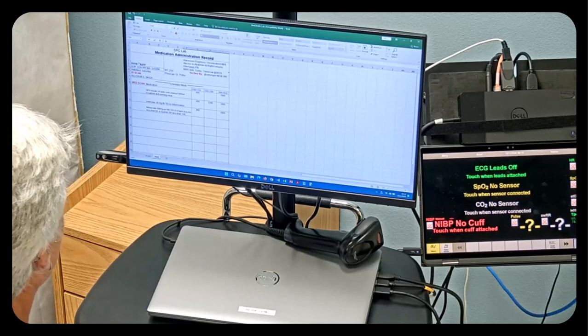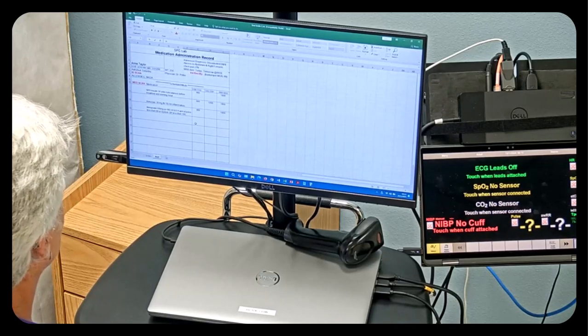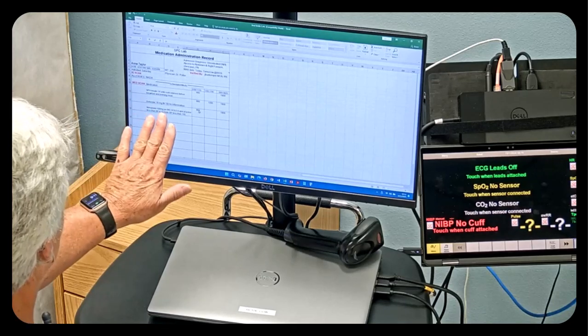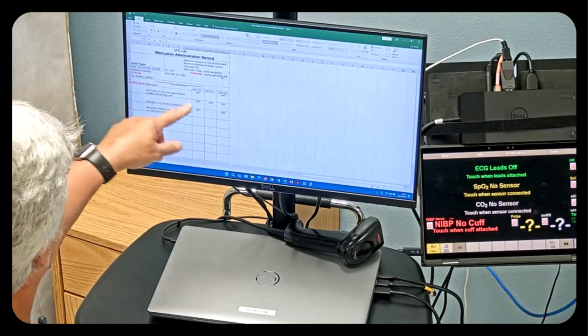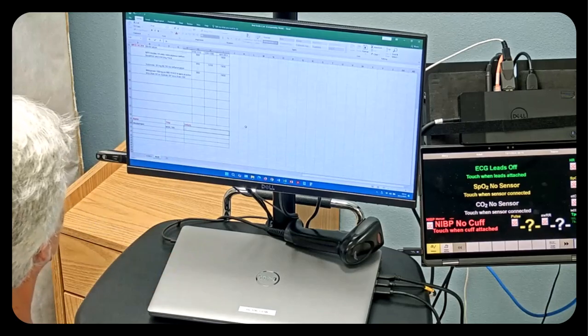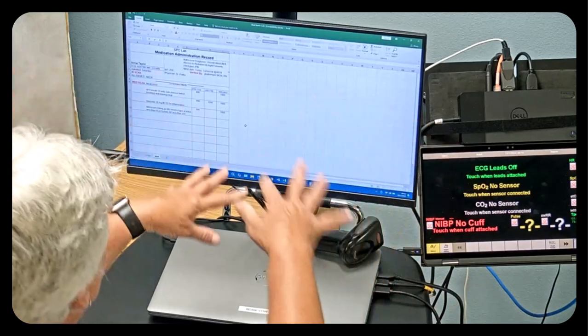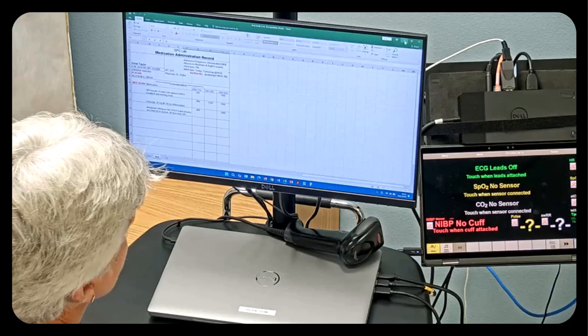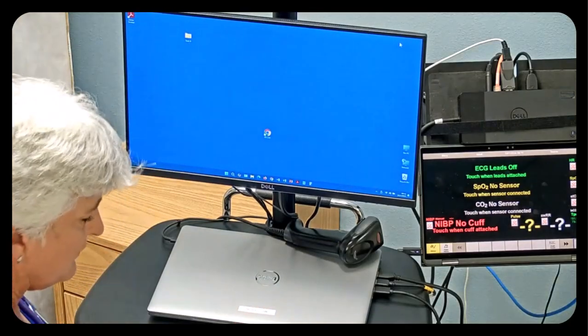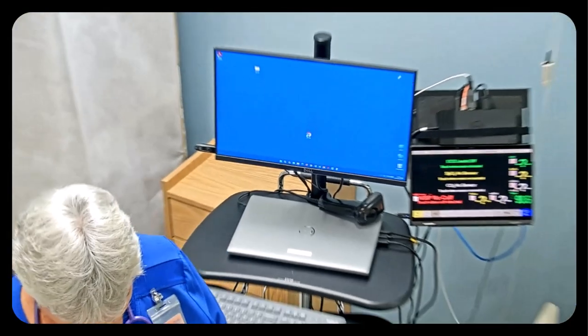So once I have verified my doctor's orders and made sure my MAR matched, and I've signed down here, then I'm going to go ahead and shut down my computer, and I'm going to go to the med room, okay?